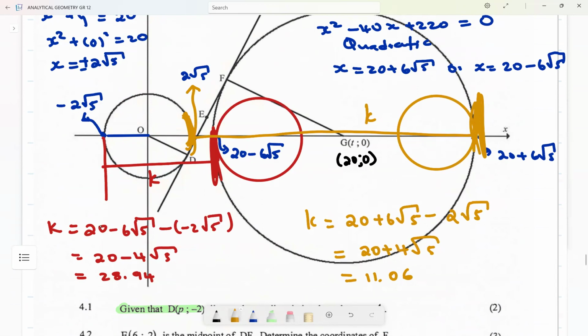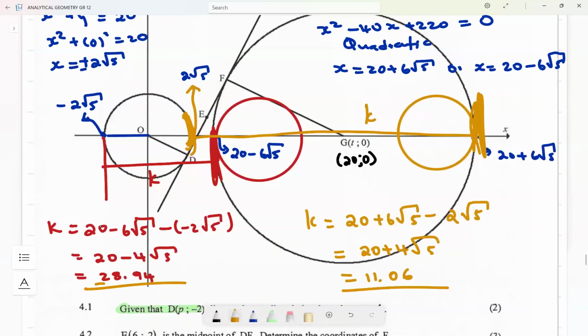Either way, the values of k are those, guys. So hopefully it's clear.